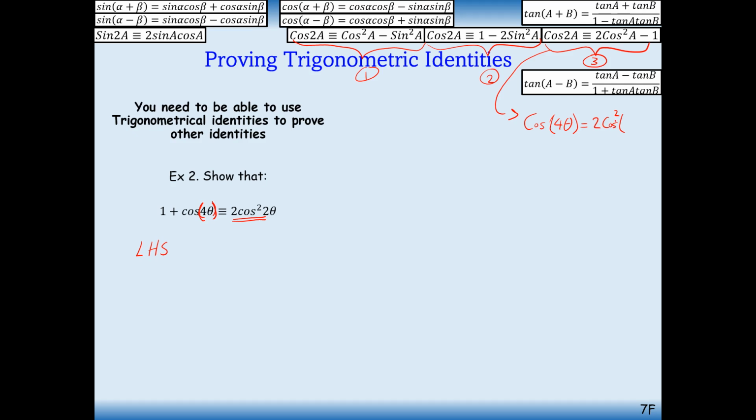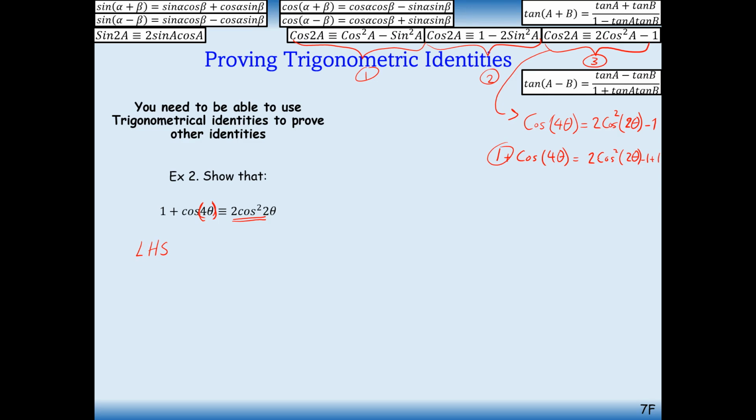So the 2 and cos squared remain as they are. Instead of a single A, I will have a double theta, and the minus 1 remains as it is. So that's the expression for cos 4 theta. And if we add 1 to this expression, 1 plus cos 4 theta will simply be 2 cos squared of 2 theta minus 1 plus 1.